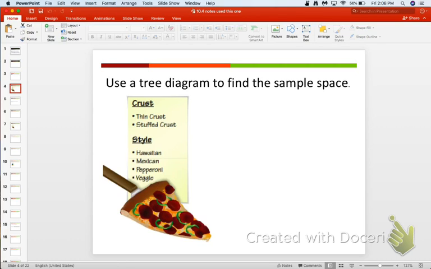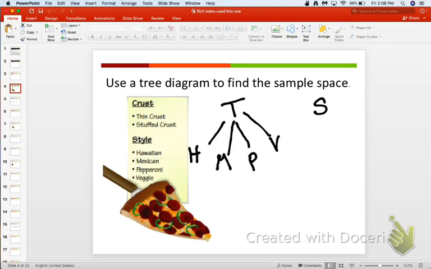When we go to the store, we could either buy a pizza with thin crust or stuffed crust. Then we could choose a Hawaiian pizza, the Mexican pizza, the pepperoni pizza, or the veggie pizza for each of the types of crusts. So you can see that my sample space has 8 possible outcomes now.